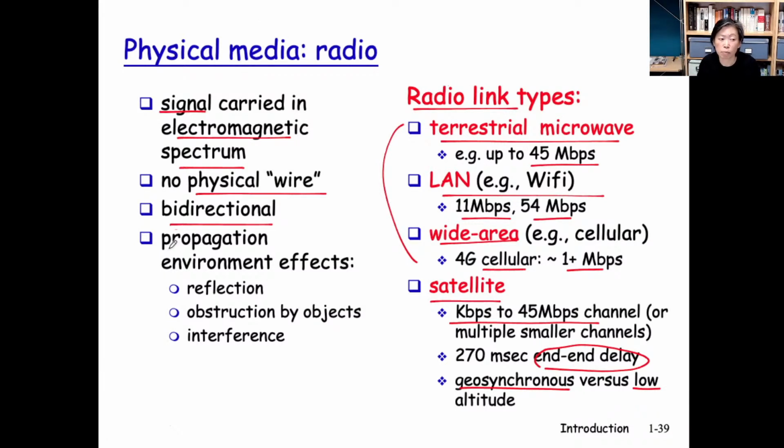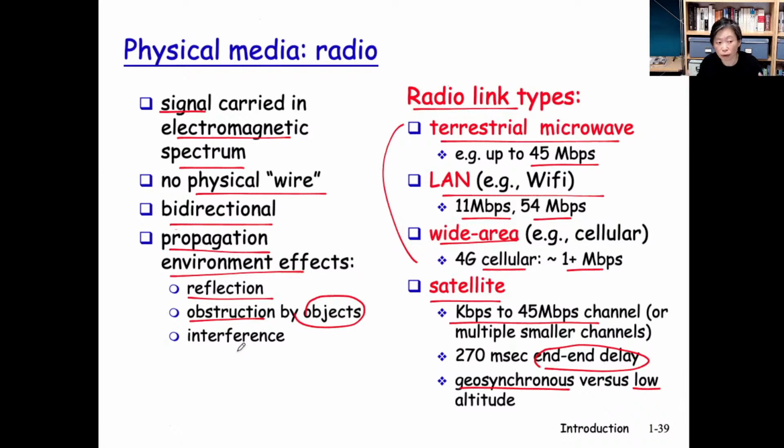If you think about the propagation of these electromagnetic waves, it can be influenced by environmental effects. Having objects around, the objects can obstruct further propagation of the electromagnetic waves. And some objects might reflect these waves as well.